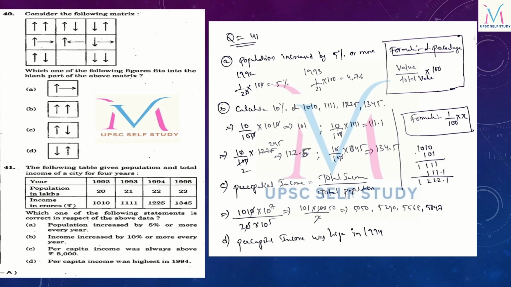Because income is given in crores and population is given in lakhs, so we also have to account for that. So income in crores, 1010 into 10 power 7, 1010 crores, right? 10 power 7 means crores.